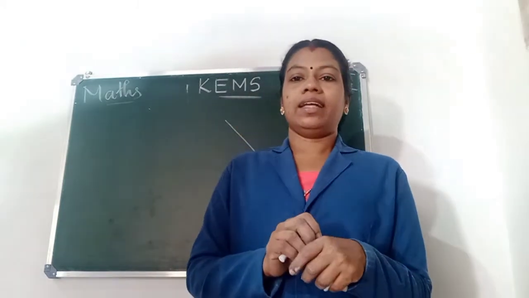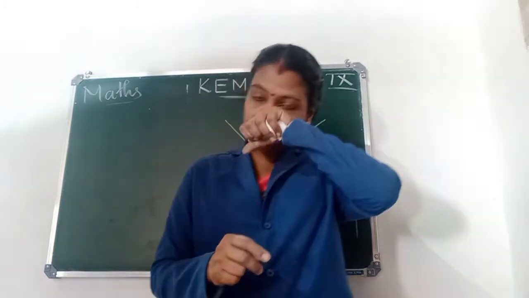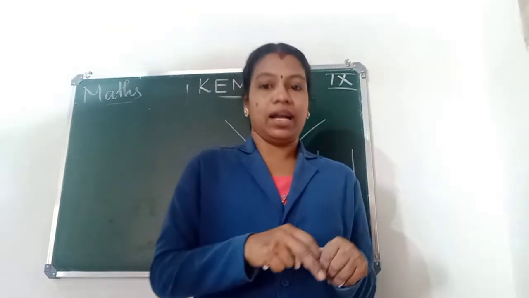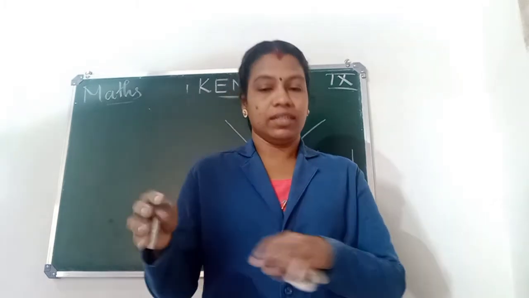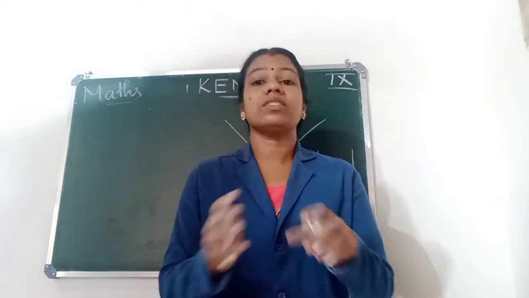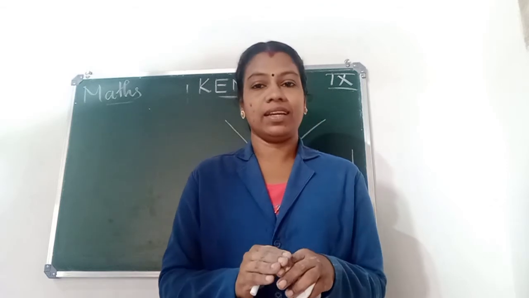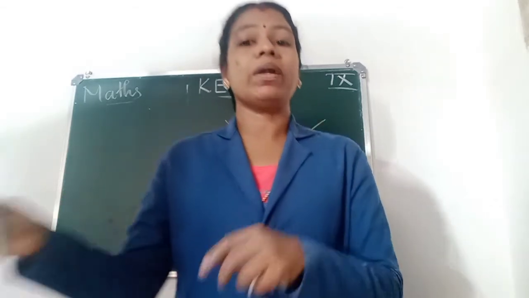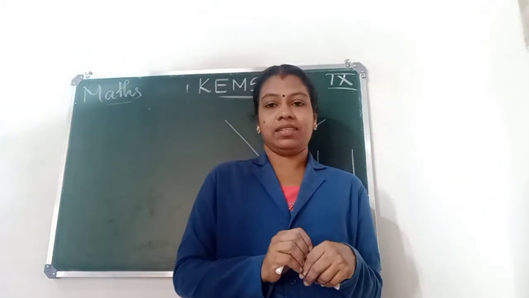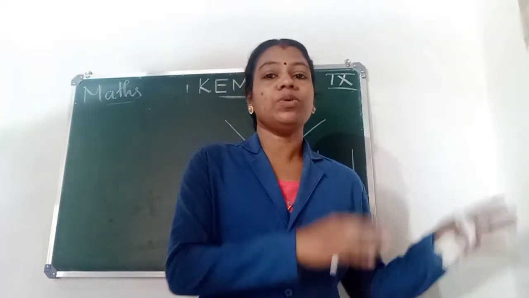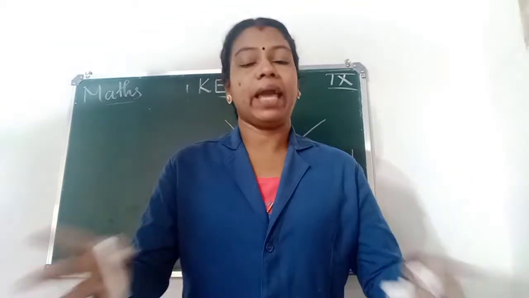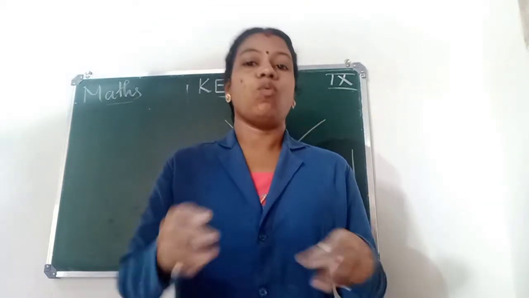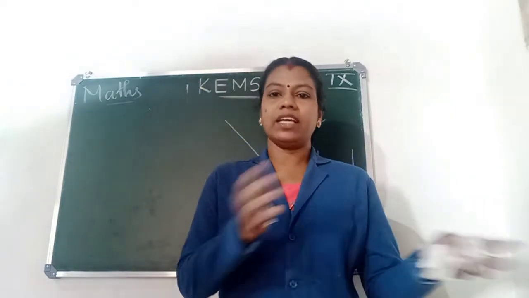Okay, clear. Then, if the sum of the two adjacent angles is 180 degrees, then the non-common arms form a line. And if the two non-common arms form a line, the sum of the two adjacent angles is 180 degrees. Okay, just a reverse.